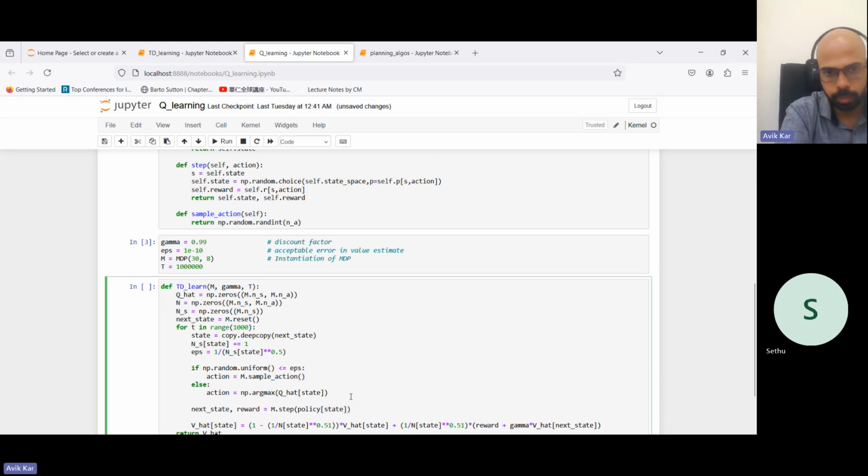Then you take that action. This is the policy; just copy it from the previous learning. Then you take that action, and then you have to update Q hat.